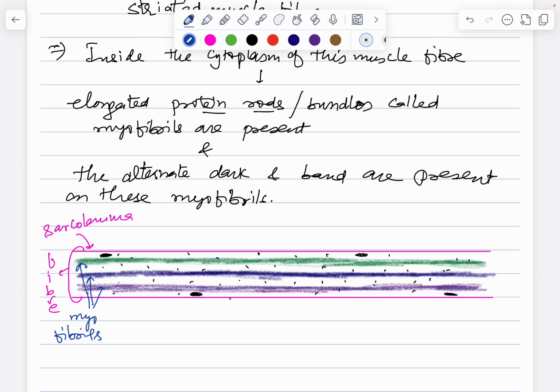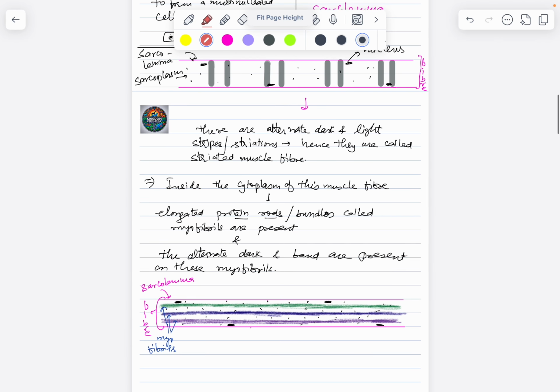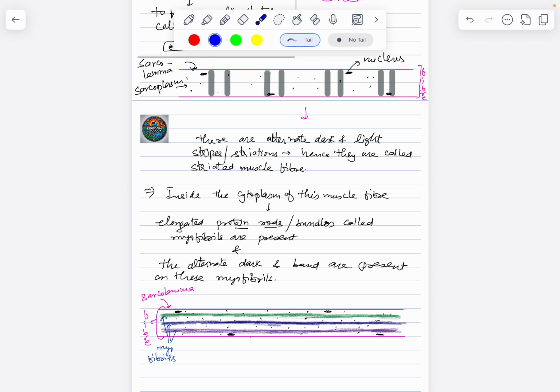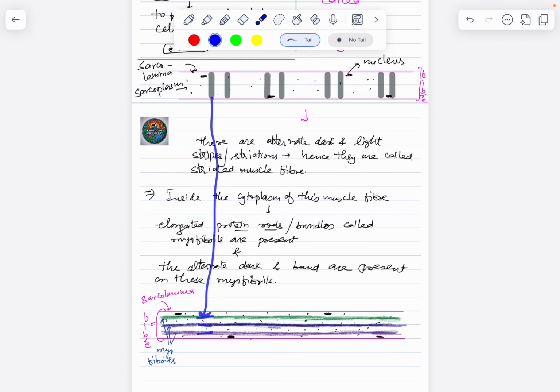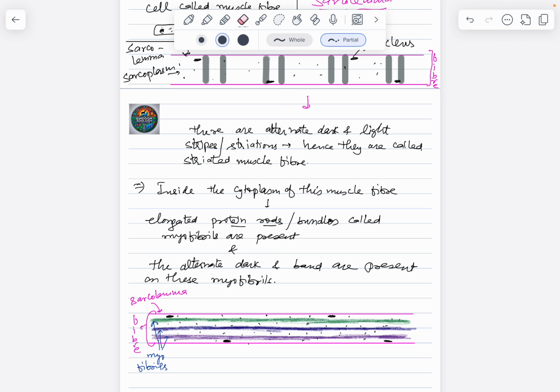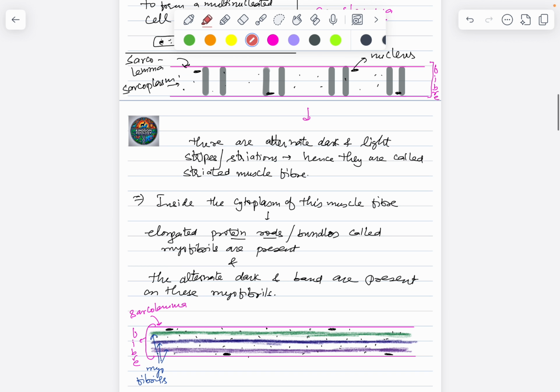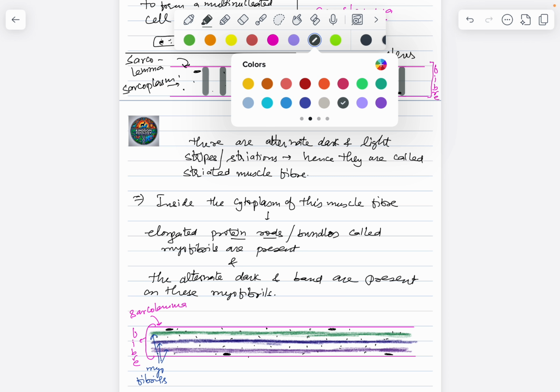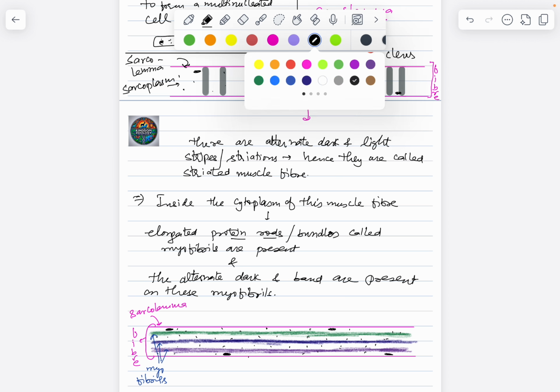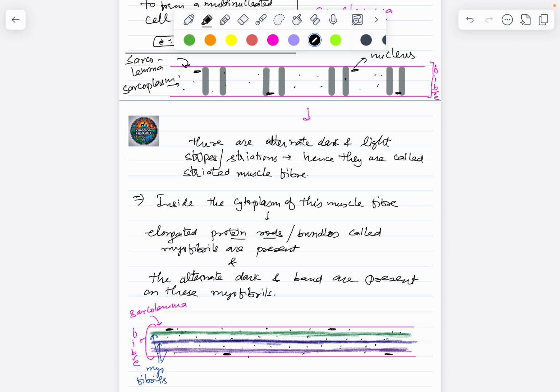And as I was telling you a while ago, the alternate dark and light stripes that we saw in this picture are actually present where? On these proteins, on exact same locations. So if I want to represent them on the places where they actually are, it would be something like this.